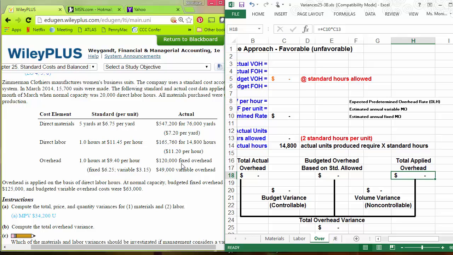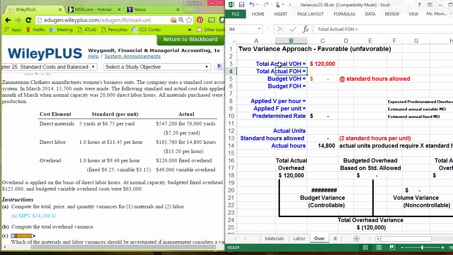So going back to our actual, we have fixed costs of 120, variable overhead of 49. So 120 is our fixed, and then 49 is our variable per the problem.